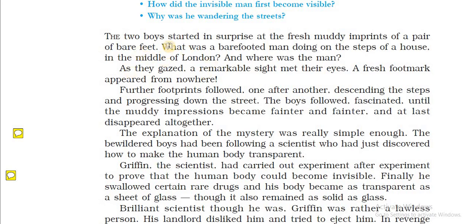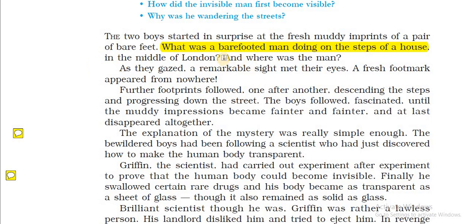They think, what is a barefooted man doing on the step of a house in the middle of London? So this sentence tells us that this incident was going on in London.